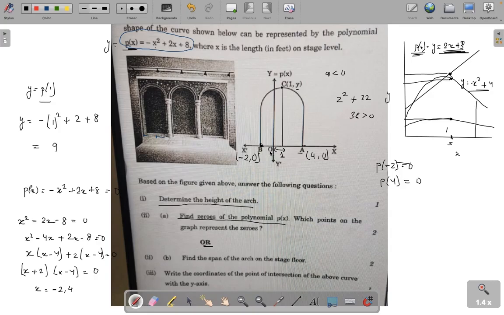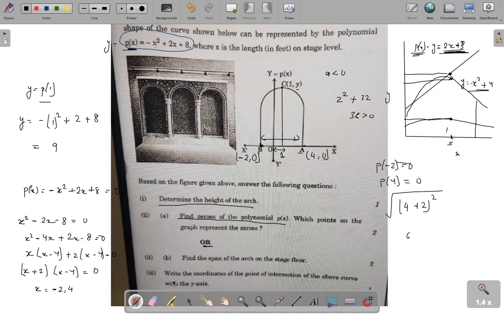Since y is 0, you can just add this, or you can apply the distance formula to give a more formal approach. Square root of x2 minus x1 whole square plus y2 minus y1 whole square. So y2 minus y1 you'll already get 0 because both the points are 0, right? And x2 minus x1 you'll get 4 minus minus 2, which will become 4 plus 2, whole square root over, right? 6. So both ways we'll get the same answer.